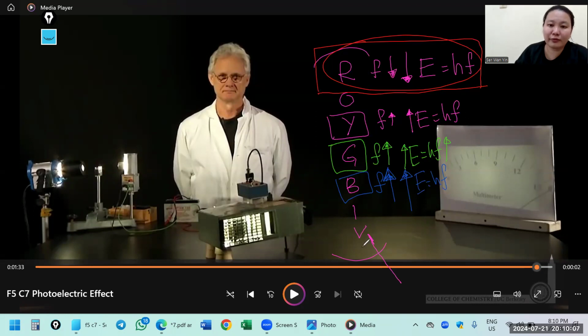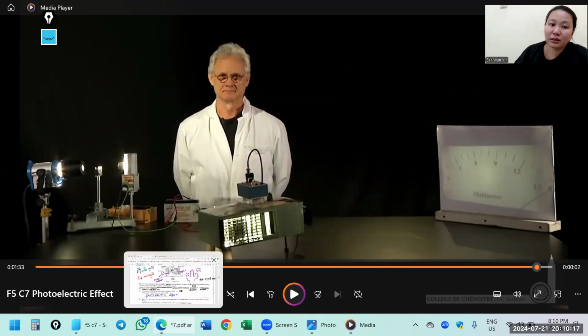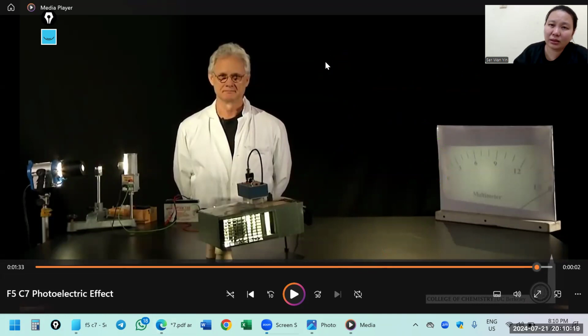Here doesn't show violet and ultraviolet, but another experiment will show. We look at the calculation first. So now you understand why we need to memorize Roy G. Biv and why we should memorize the frequency.